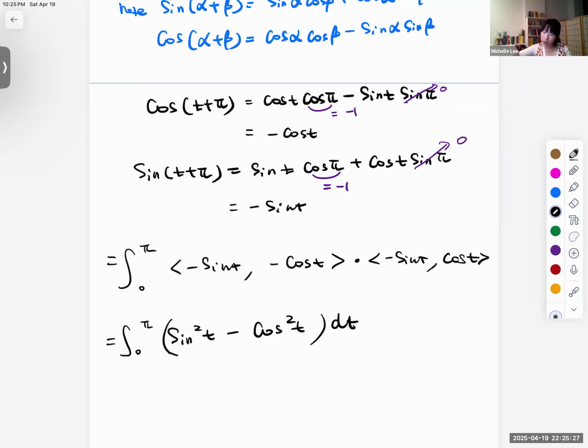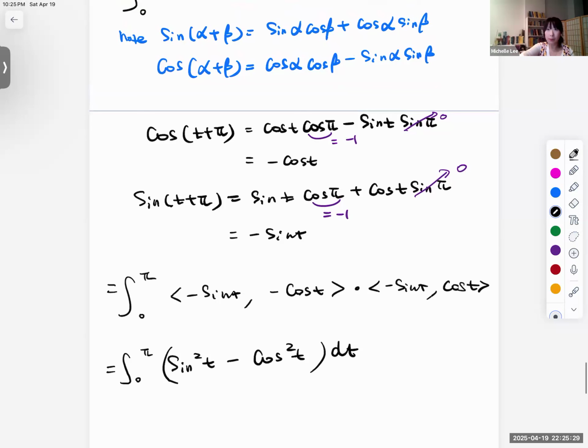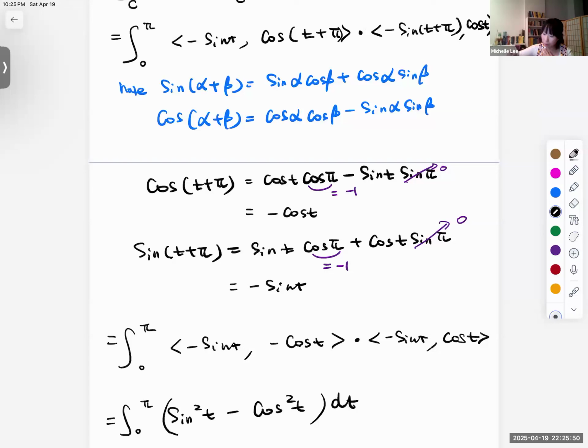Wait a minute. Did I make a mistake? Hold on one second, let me check that. Okay, I found where I made a mistake. We have negative sine t plus pi, but then I wrote sine t plus pi, which is negative sine t. Then there is negative, negative, which is a positive.